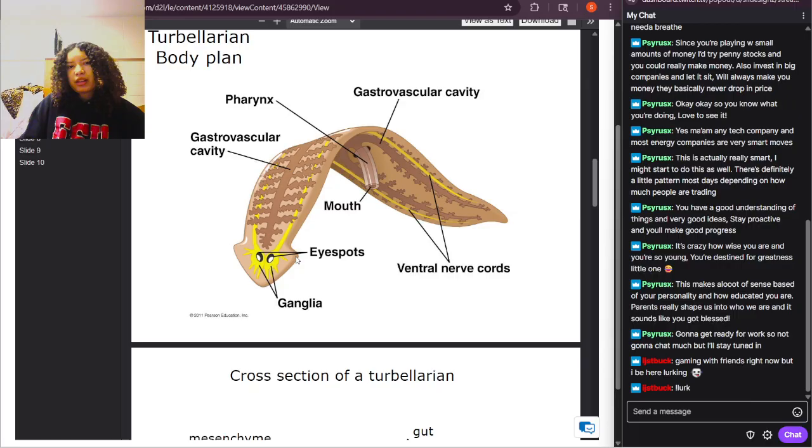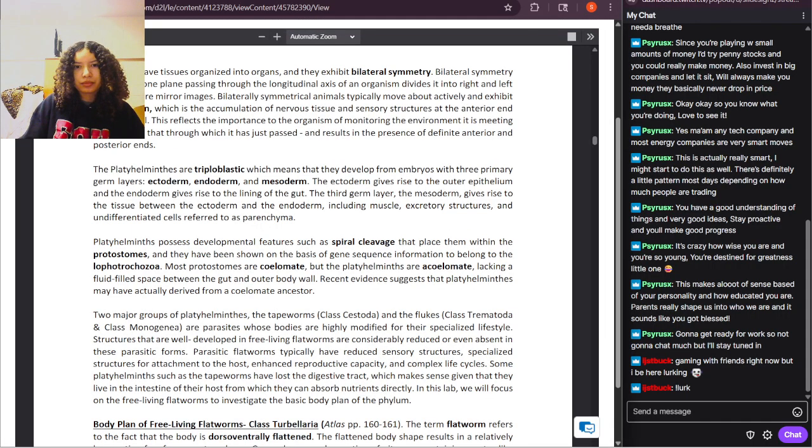Eye spots, well, they just look like eyes. Ventral nerve cords are these two little cords at the outer ends. Gastrovascular cavity, I guess, is under that. It's this branched looking thing. Ectoderm, outer. Mesoderm is muscles. Endoderm gives rise to the gut lining. All right.